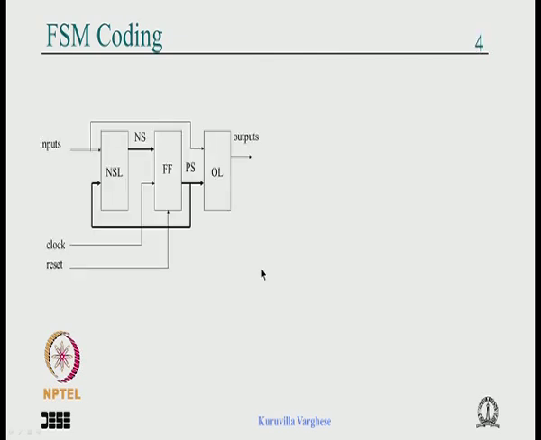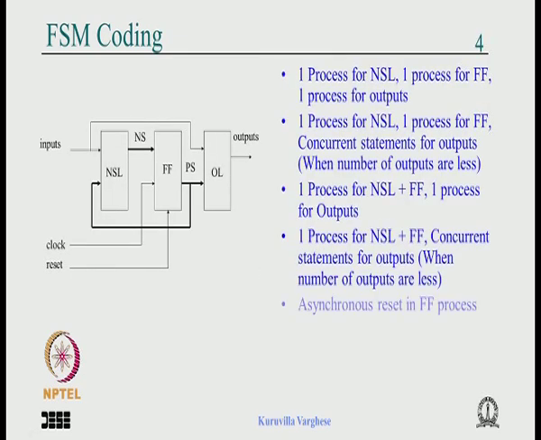We looked at the various ways, and in this 3 block style we could have this written in a process, and this in a process. The output logic can be written in a process if the number of outputs is greater than the number of states. It can be a concurrent statement if the number of outputs is much less compared to the number of states, because if there are only 2 outputs, you need only 2 concurrent statements.